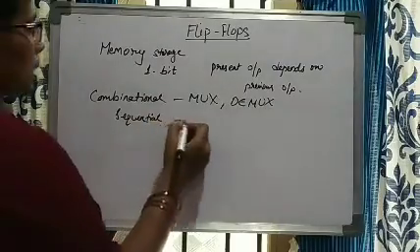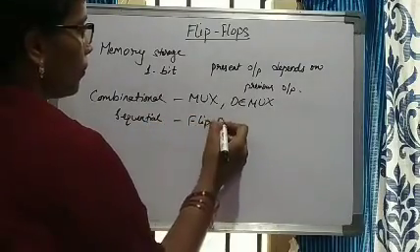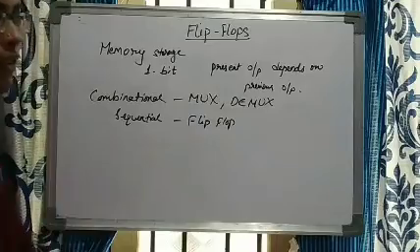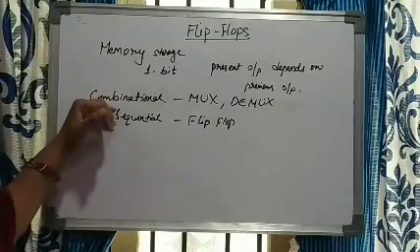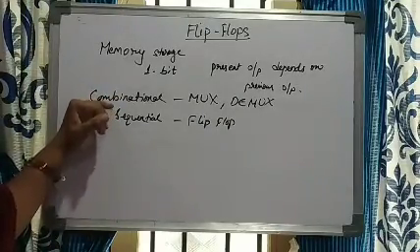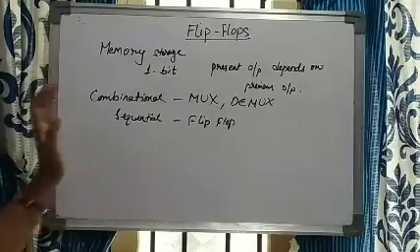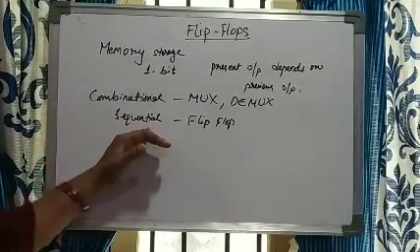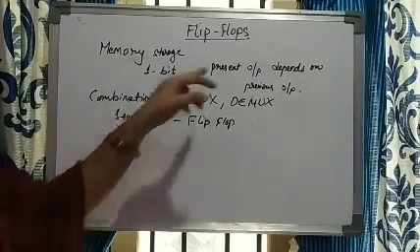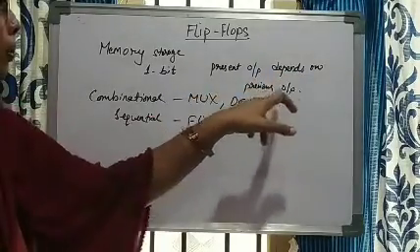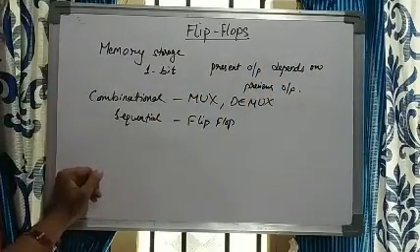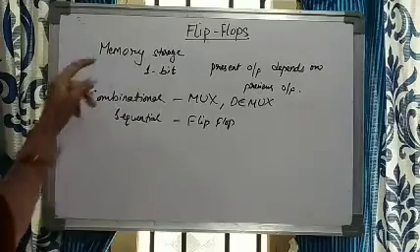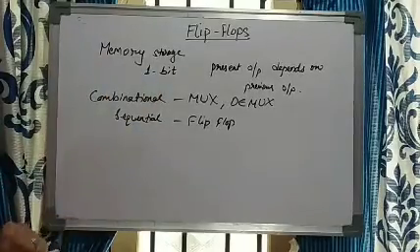Flip-flop is a sequential logic circuit. The basic difference is that in combinational logic circuits, the present output depends only on the input. But in sequential logic circuits, the present output depends on the previous output. So a flip-flop is a 1-bit memory storage device.